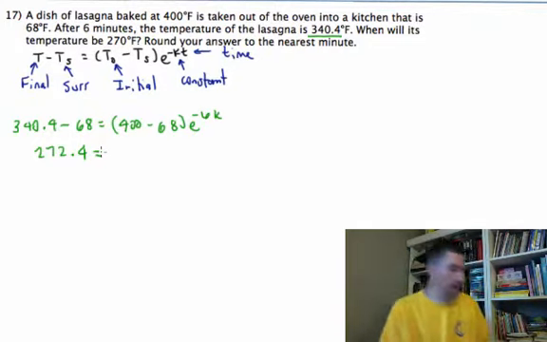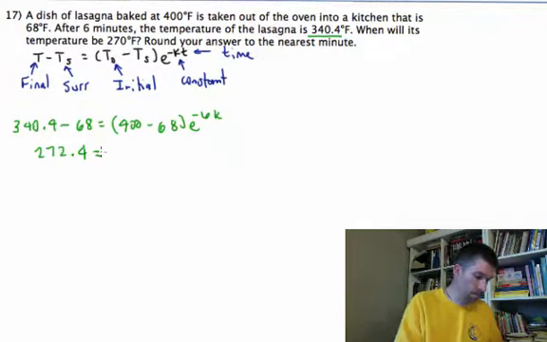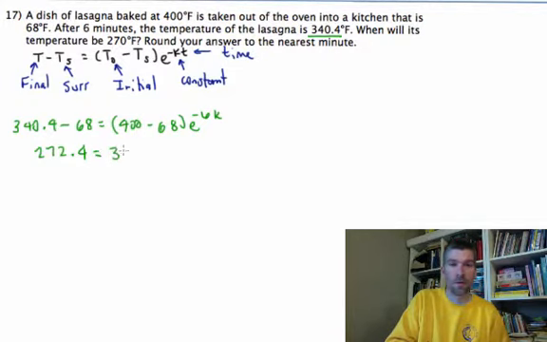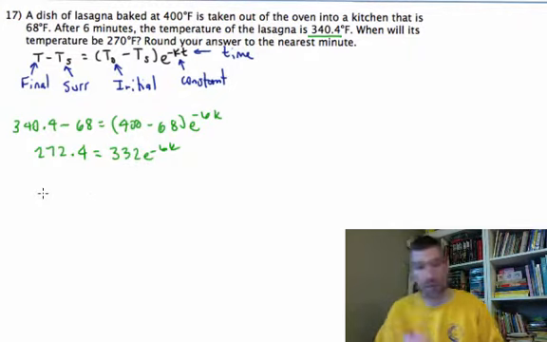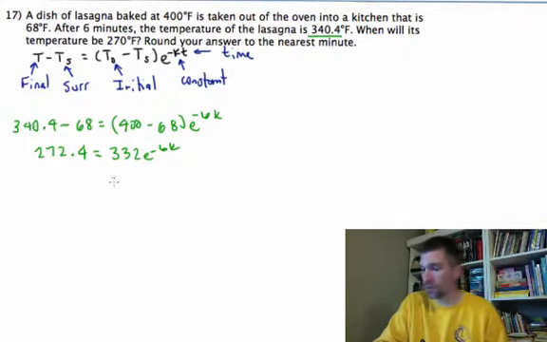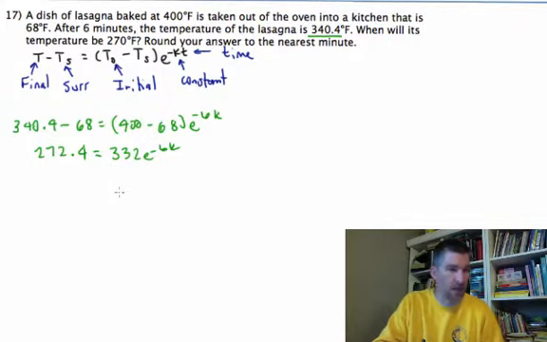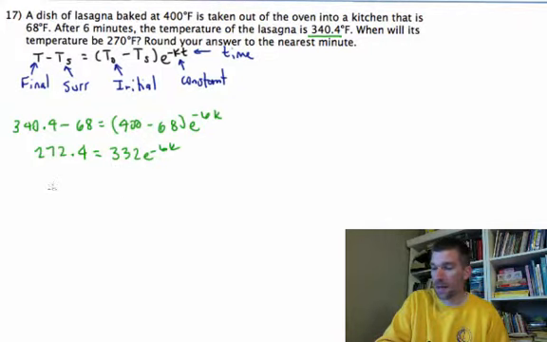And 400 minus 68 is 332. Go ahead and divide those out. When you divide 272.4 by 332, carry as many decimals as you comfortably can, and you end up with 0.82048. That equals e to the negative 6k.